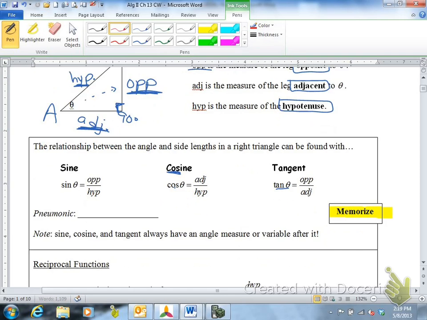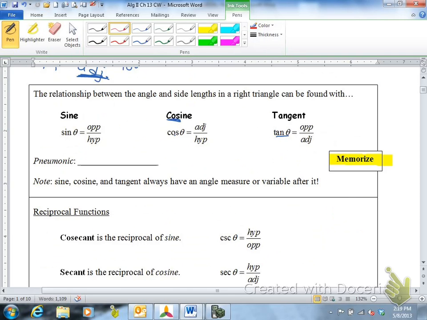One way that some people use to memorize them is a mnemonic device. And you say, so, ka, toa. So-ka-toa. And that's a way to remember the relationships. What in the world does this mean? Well, if you look, sine starts with an S, and it's opposite over hypotenuse.